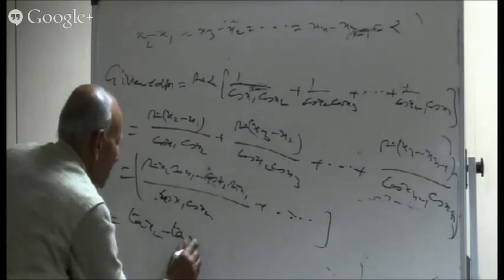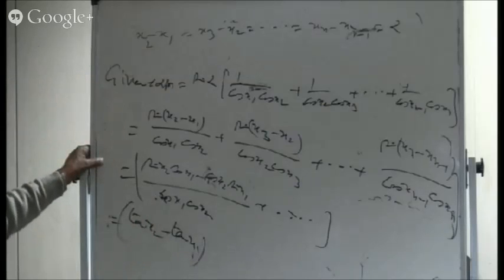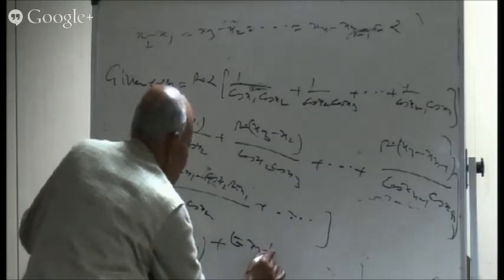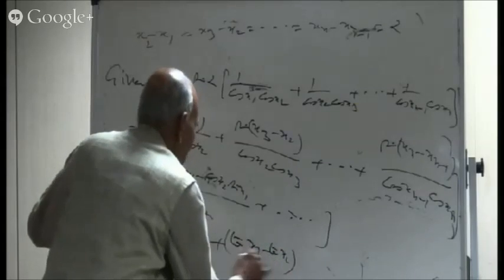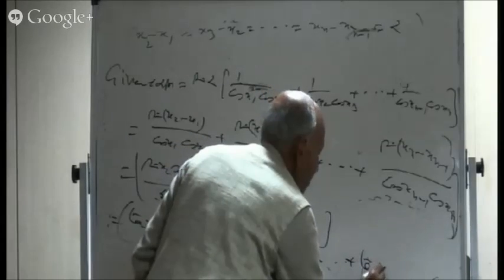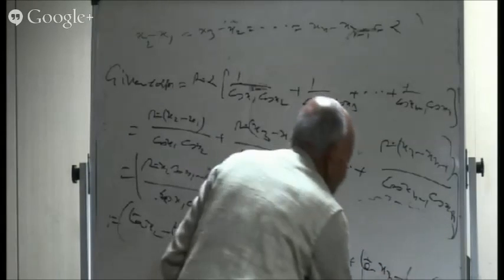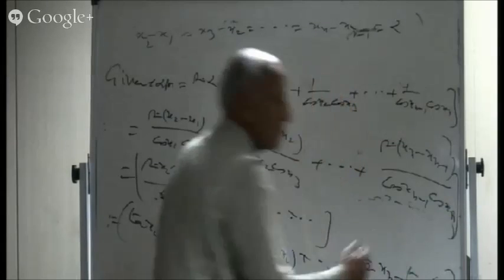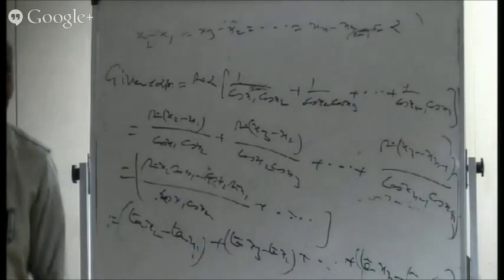So the first bracket gives you tangent of x2 minus tangent of x1. Is it right? The second bracket is going to give you tangent of x3 minus tangent of x2, and so on. The last bracket is going to give you tangent of xn minus tangent of x(n-1). Just one minute.